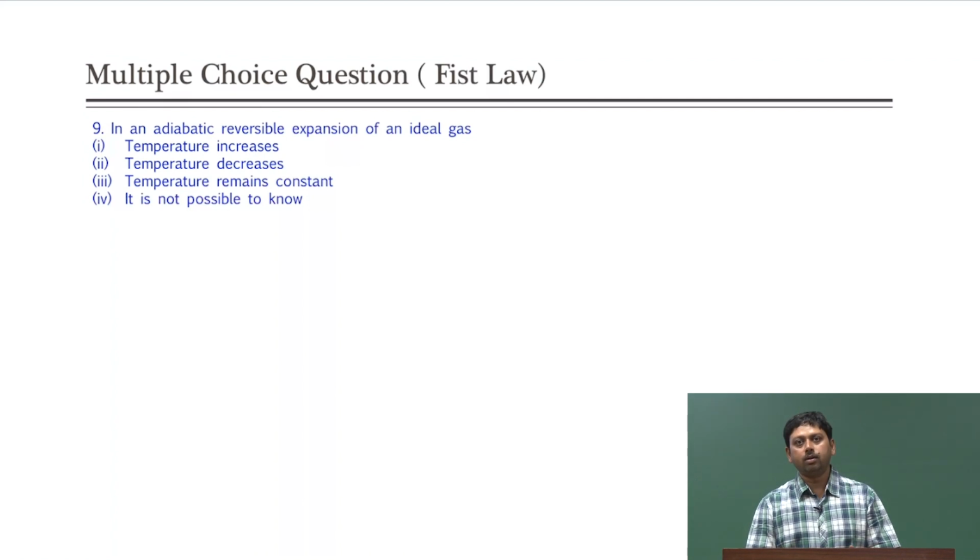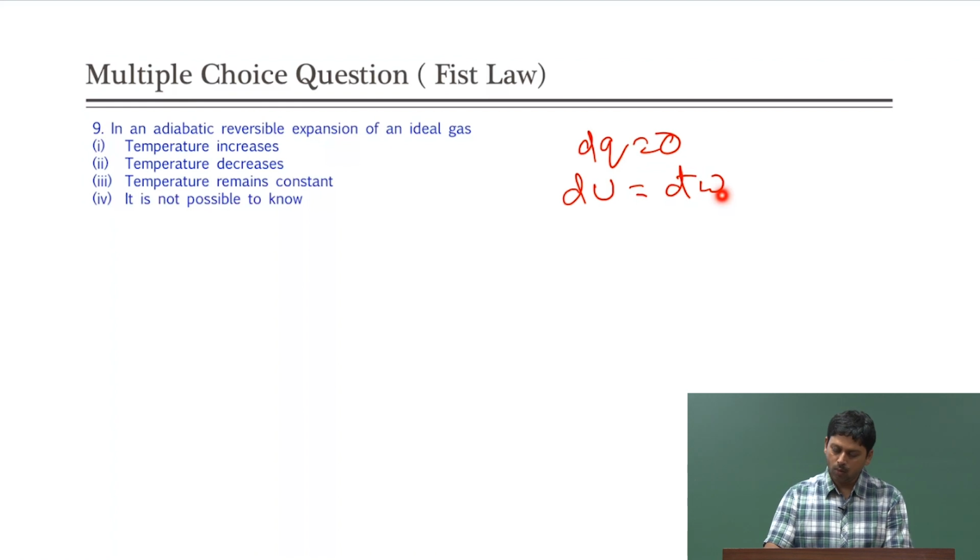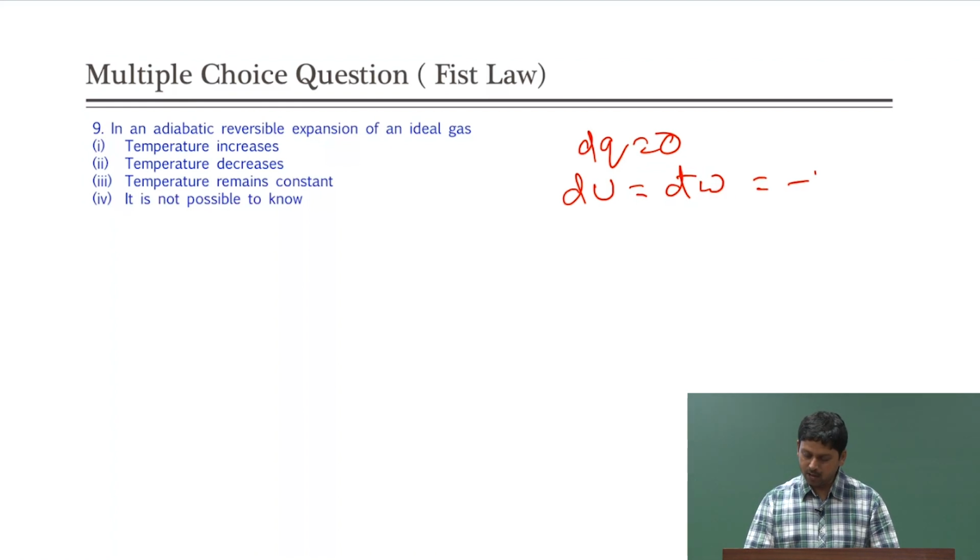So, we know all different types of calculations of ideal gas, and it is an adiabatic process, and we know that in an adiabatic process dq equal to 0. So, from the first law of thermodynamics we know du equal to dw, that means change in the internal energy is equal to work done. It is an expansion process, and we know that for expansion dw is minus p dv, and dv means volume increases, therefore dw is a negative quantity.